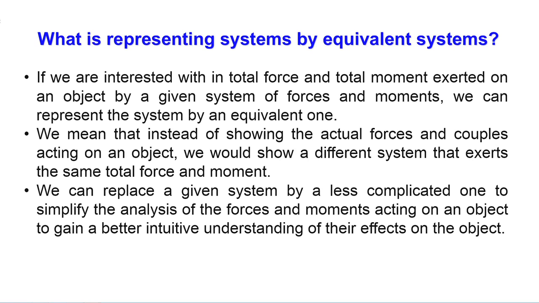Now, in representing a system by an equivalent system, what is the relevance of this? If we are interested in the total force and total moment exerted on an object by a given system of forces, we can represent the system by an equivalent one, because these are all applicable for rigid body analysis.